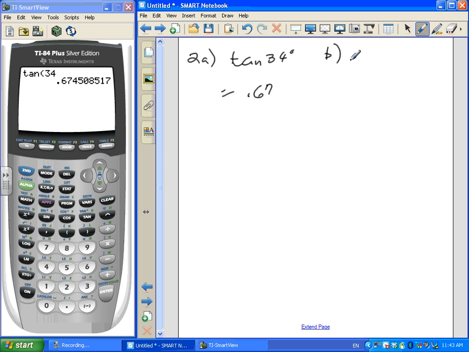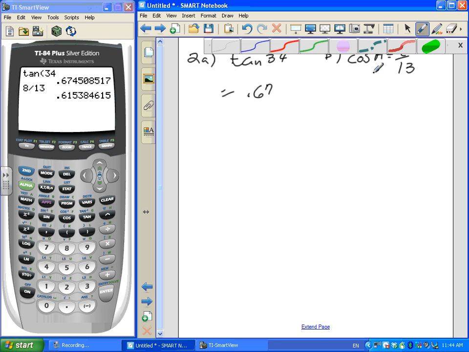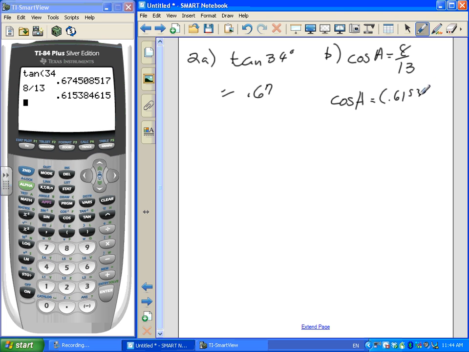B asks us for cos A, which is equal to 8 divided by 13. You need to solve for A. So first we can do our 8 divided by 13. Okay? So we would get cos A is equal to 0.615384, and it goes on forever.